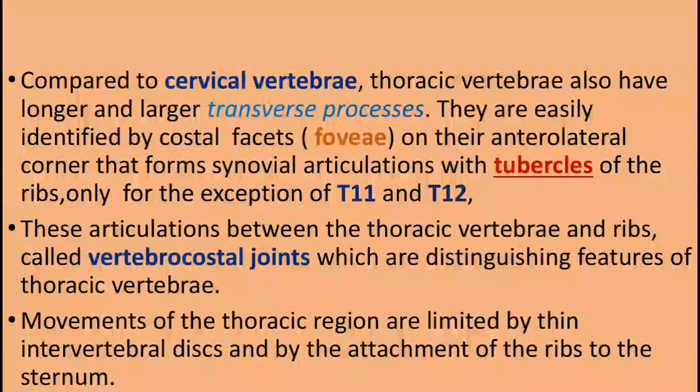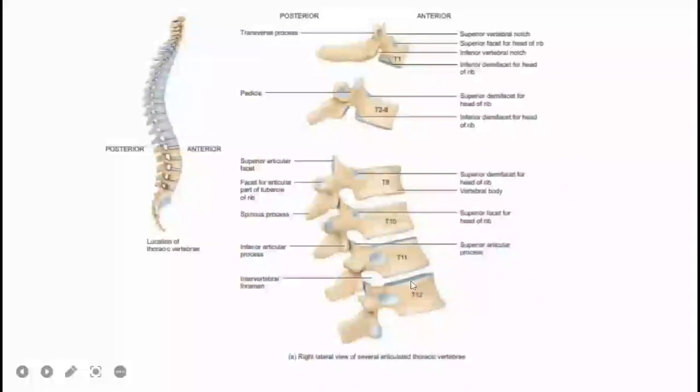Compared to cervical vertebrae, thoracic vertebrae also have longer and larger transverse processes. They are easily identified by costal facets or fovea on the anterolateral corner that forms synovial articulation with the tubercle of the ribs, with the exception of T11 and T12. You can understand this: T11 and T12 lack costal or transverse facets for articulation with the rib.